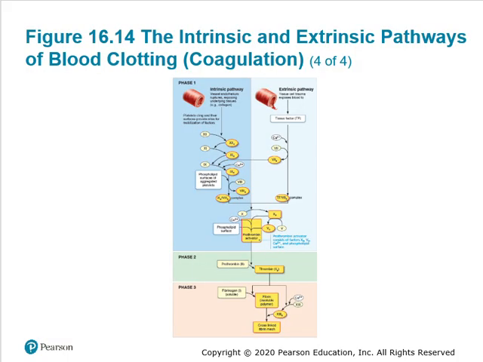The whole step was whether we use the intrinsic or extrinsic pathway, they result in factor X, which complexes with calcium and platelet factor 3 to give us prothrombin activator.